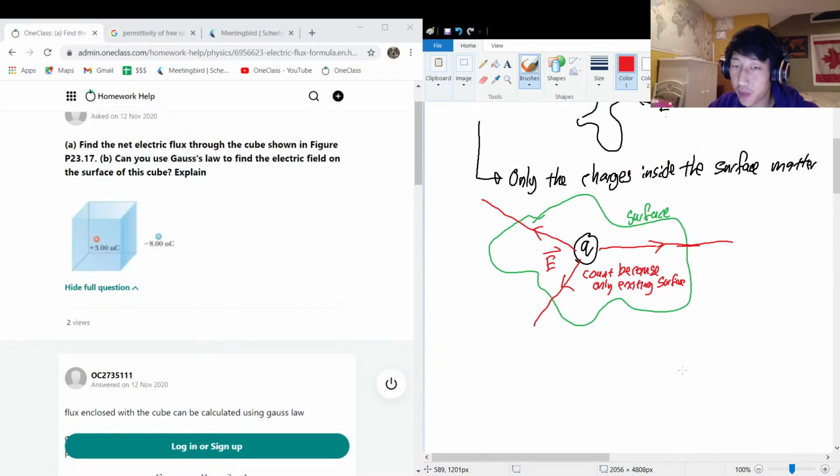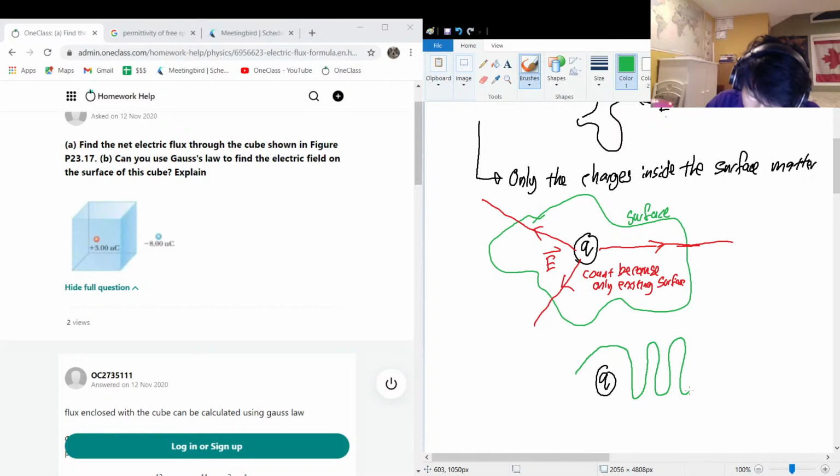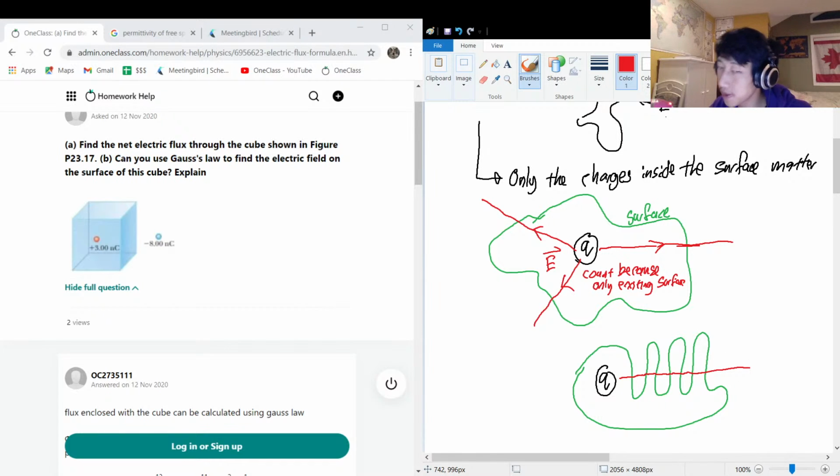And even if we have a situation like this, where we have a Q inside a surface that is like this, and we have an electric field line, well, it exits, enters, exits, enters, exits, enters, exits. You will see that even though it's entering and exiting a lot, these two neutralize each other, these two neutralize each other, these two neutralize each other, but then there is one here, so only one exit. Only one net exit.